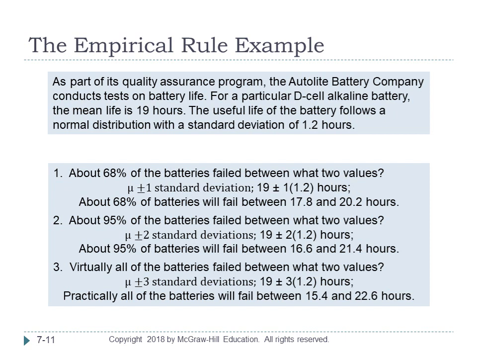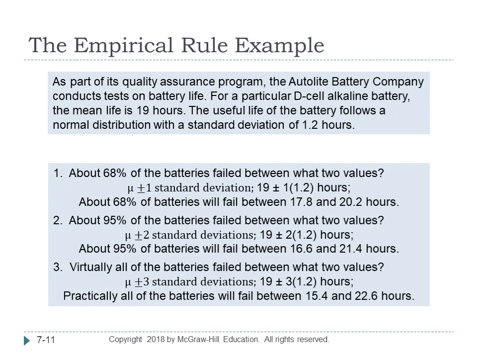The useful life of the battery follows a normal distribution with a standard deviation of 1.2. So the life of a battery is normally distributed with mean equal to 19 hours and standard deviation equal to 1.2 hours.